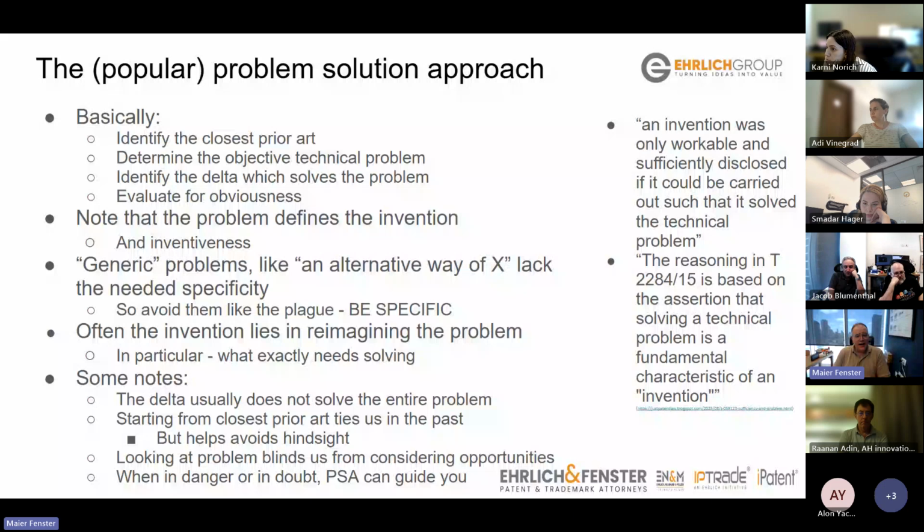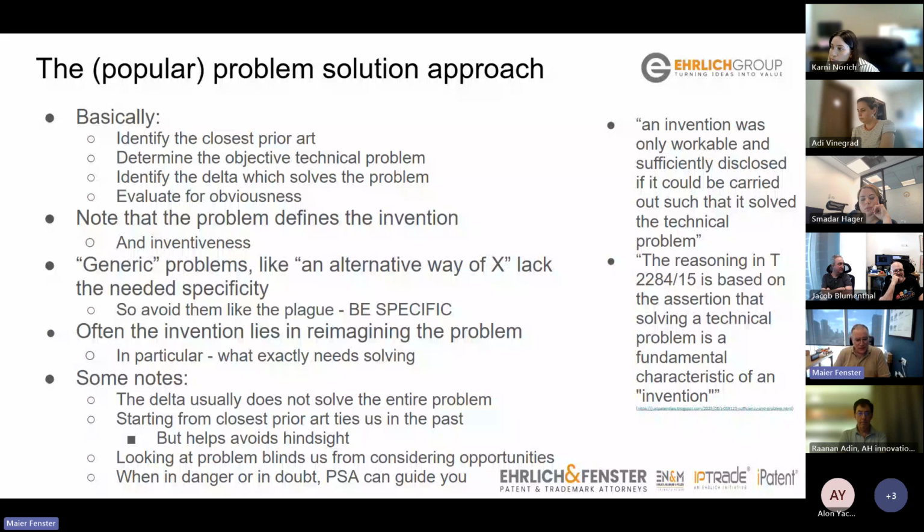This also means that when you talk about a generic problem, and European examiners love doing it, oh, basically the problem, also in China, basically the problem to be solved is a different way of providing weight loss. Okay? So I gave you all of these problems the startup has, and the examiner just said, oh, it's a generic issue. That type of problem doesn't have any specificity, and it can't really help you do anything.